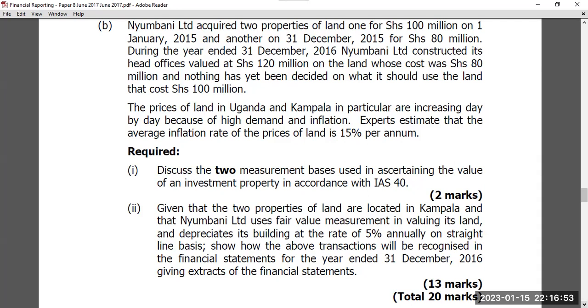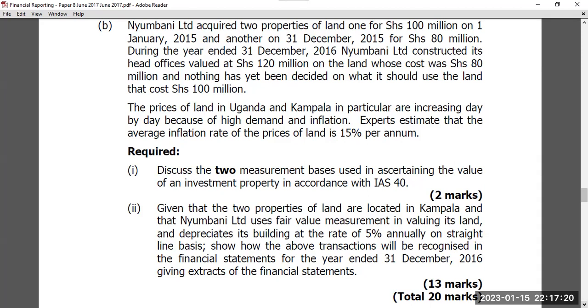Then the required part 1, question 3, part B, Roman 1 says discuss the 2 measurement bases used in ascertaining the value of an investment property in accordance with IAS 40. This is something that we looked at.